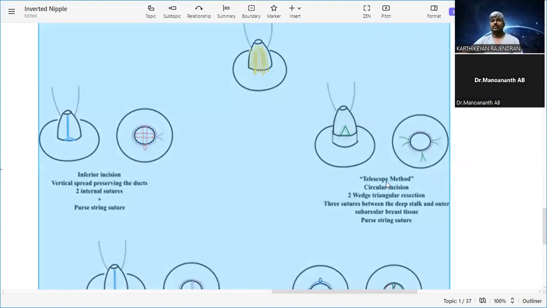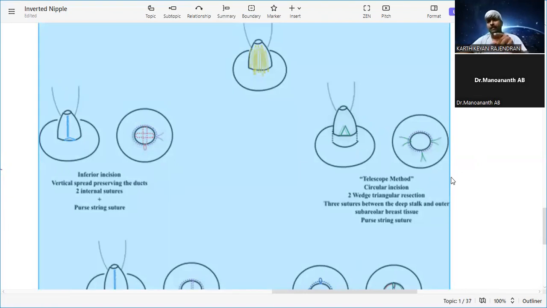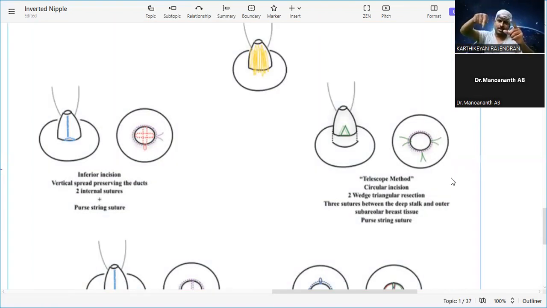The telescopic method is like a purse-string suture. We make the incision all around the nipple, put sutures in three areas and tighten them. After making the incision over the areola, we de-epithelialize the areola and nipple, and that will produce eversion of the nipple.